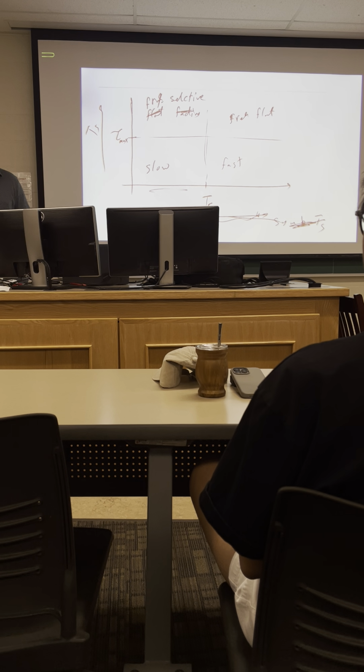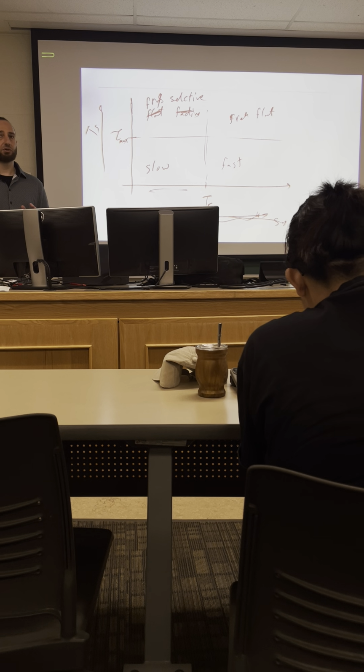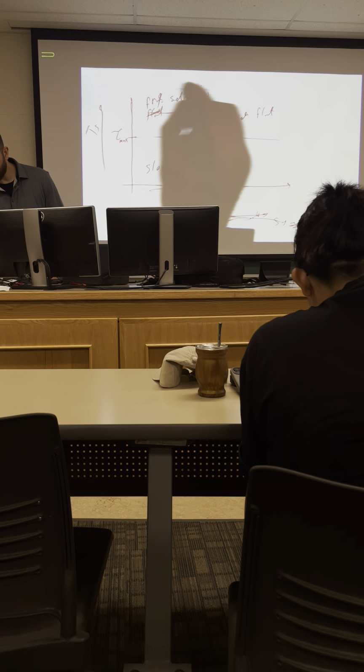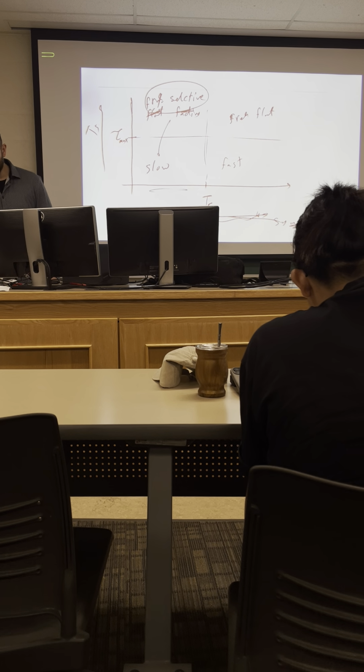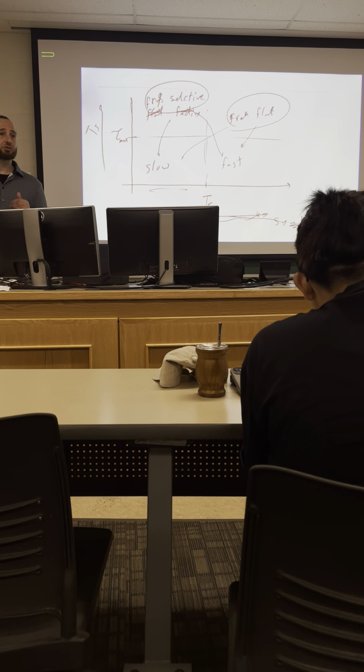You can have frequency selective or frequency flat, one of these types only. But you can have frequency selective with slow fading, or frequency selective with fast fading. You can have frequency flat with slow fading. You can have frequency flat with fast fading. Okay? So what is the best option I can have out of these?